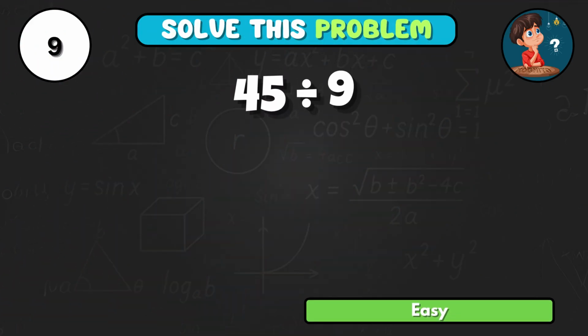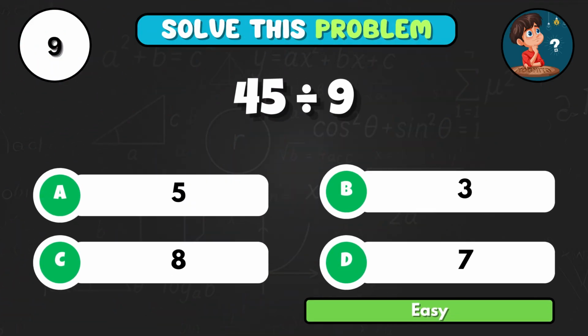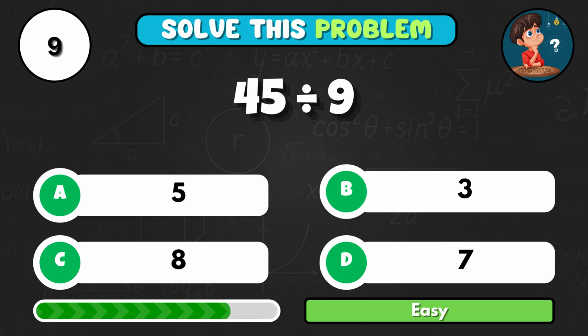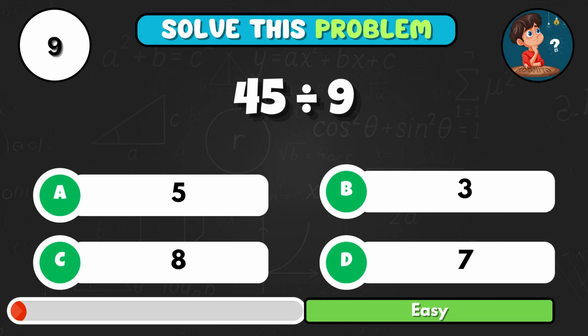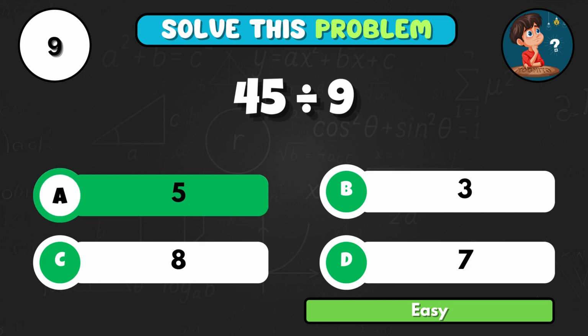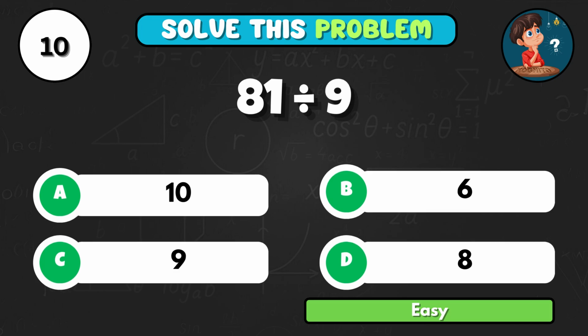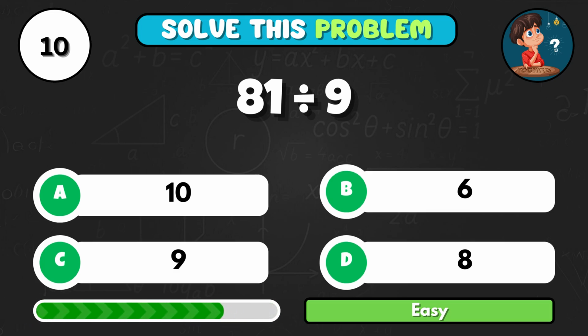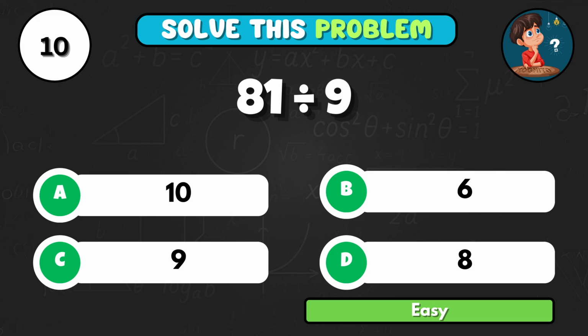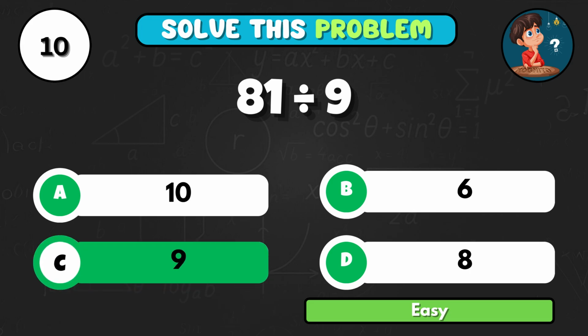What's 45 divided by 9? That's A, 5. Work out 81 divided by 9. It comes to C, 9.